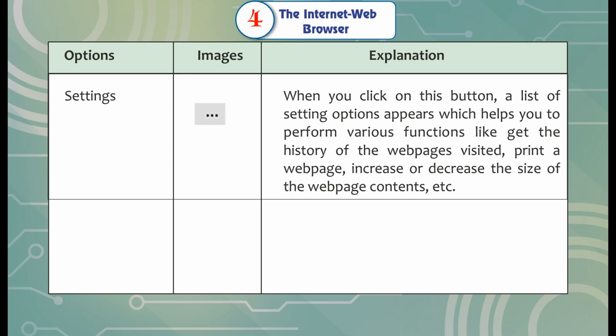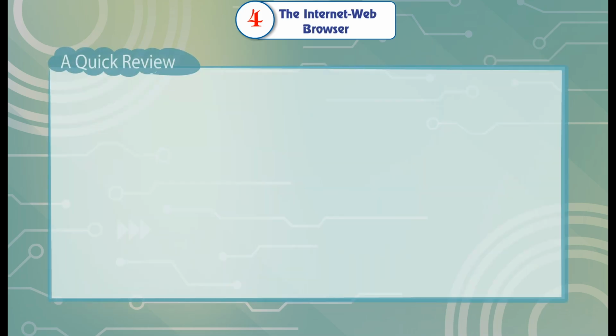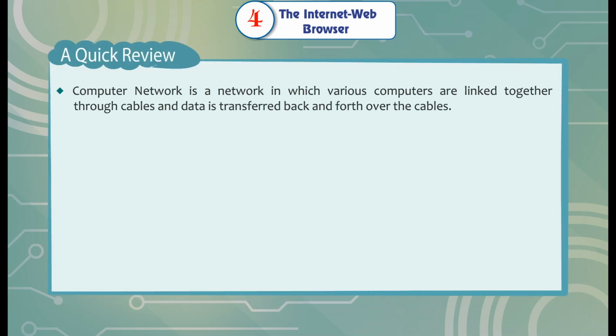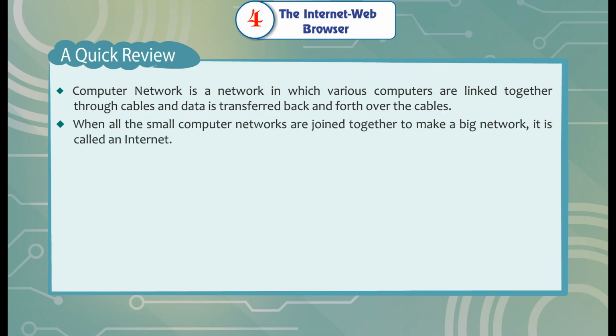A quick review. A computer network is a network in which various computers are linked together through cables and data is transferred back and forth over the cables. When all the small computer networks are joined together to make a big network, it is called an internet.